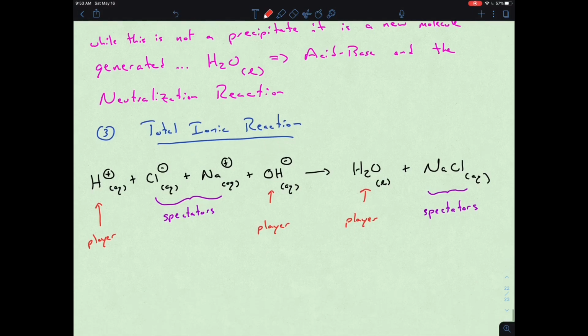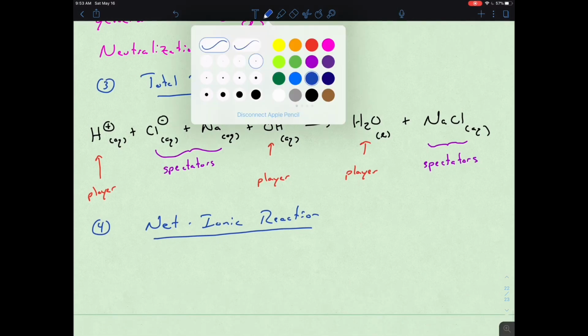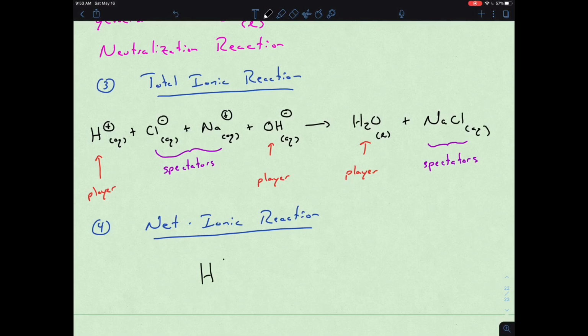Right, and that lets us now describe the net ionic reaction, which is exactly what we had up there prior with the neutralization reaction, right? That very general reaction of H plus OH minus produces H2O.